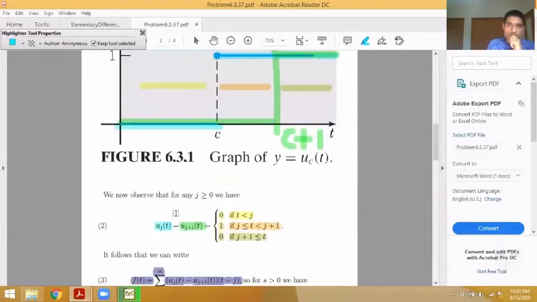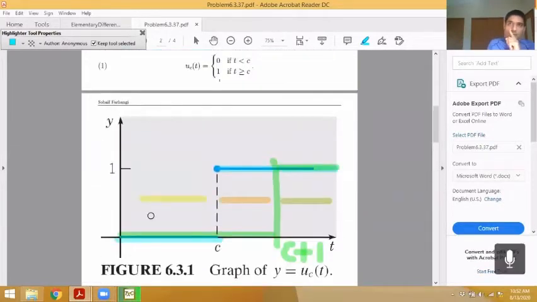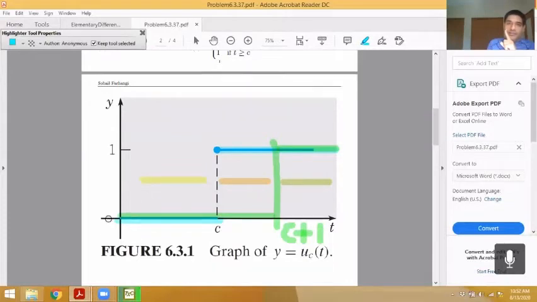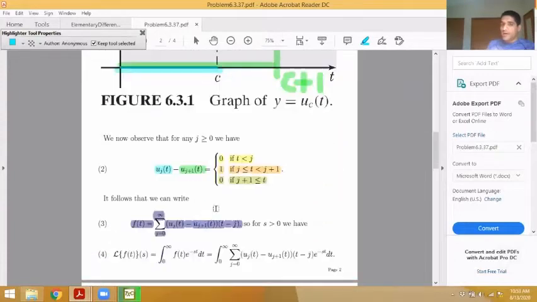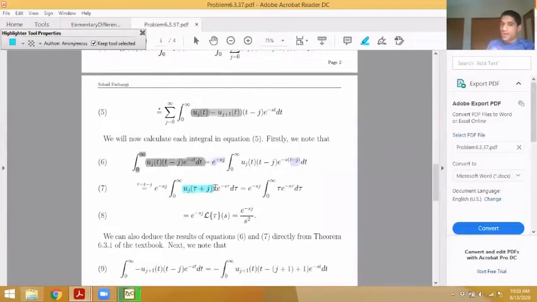So when tau is between negative j and 0, tau plus j is between 0 and j, or in this case c. So then the value of the step function is 0, and 0 times anything is 0, so that whole part of the integral is just 0 and goes away.